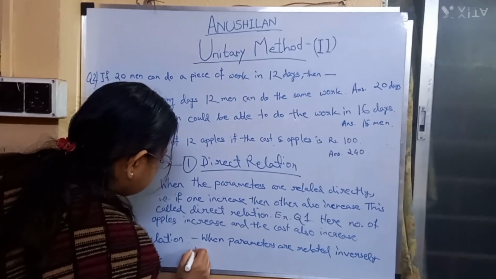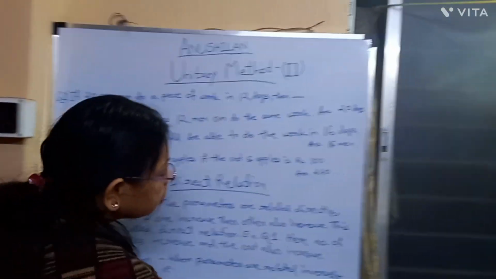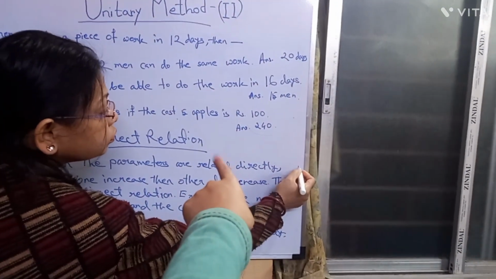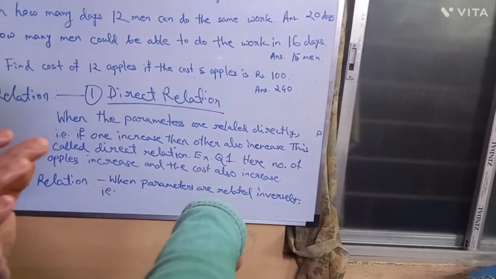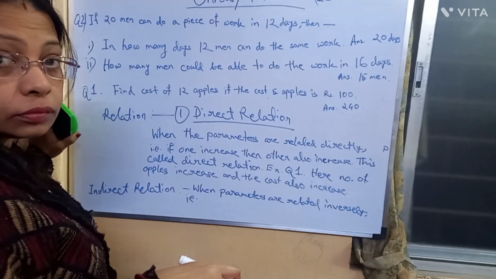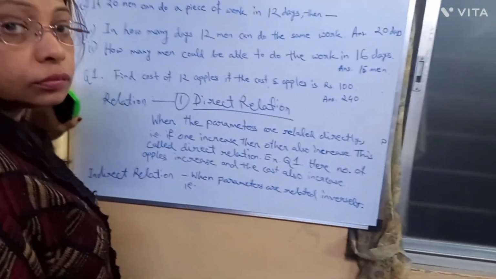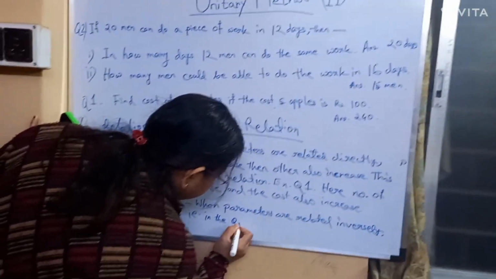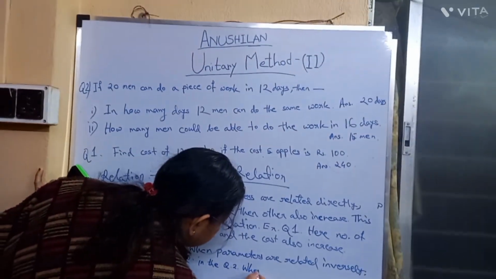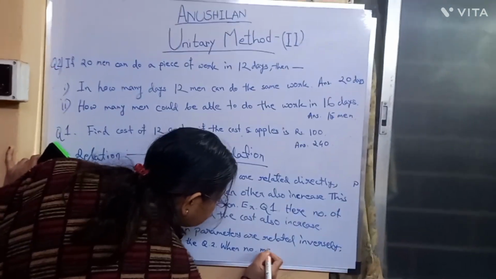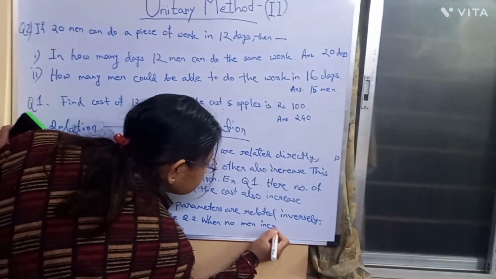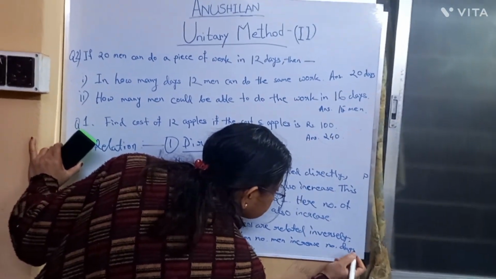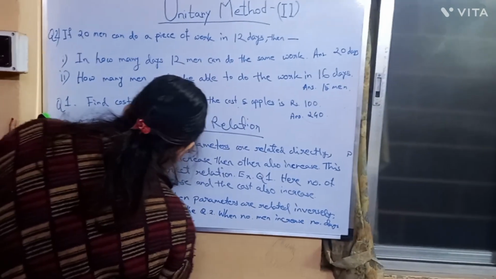That means in question number 2, when the number of men increases, the number of days decreases.